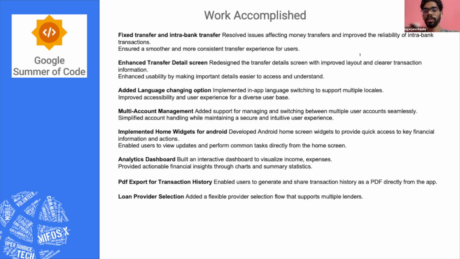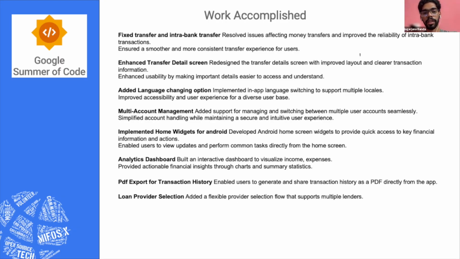On the analytics dashboard, I built an interactive dashboard for visualizing income and expenses. It provides actionable financial insights through charts and summary statistics on the percentage of where the money goes, whether savings, credit, or debit.